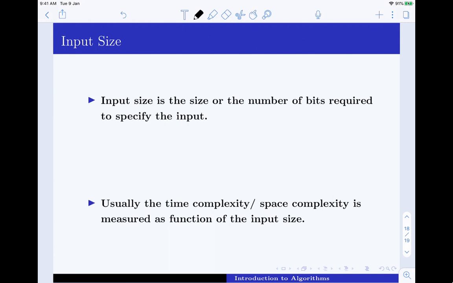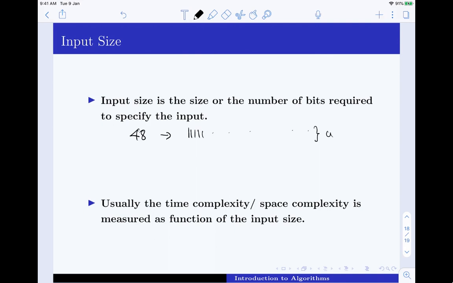Now, before I stop this introduction, let me give you a few small details that will be required for setting up our various problems later on. The first is called the input size. When somebody gives you a number or an input or data, there are various ways of presenting that number. For example, when I said I will give the number 48, one could have given me the number by drawing 48 sticks.